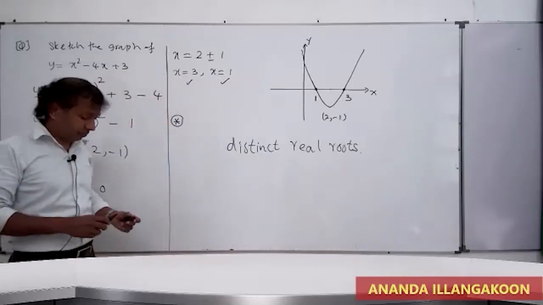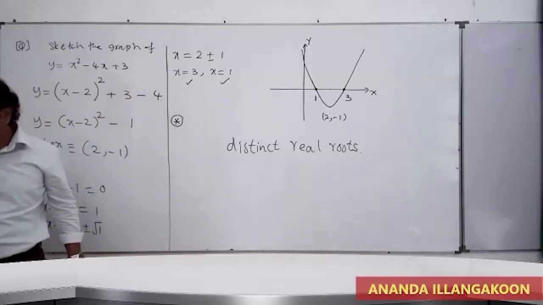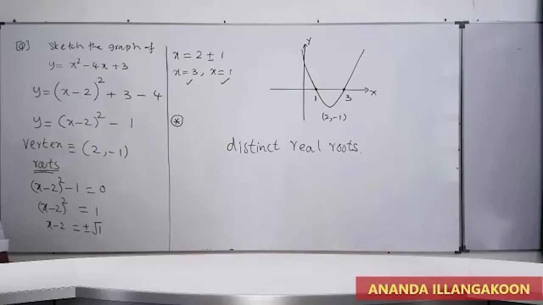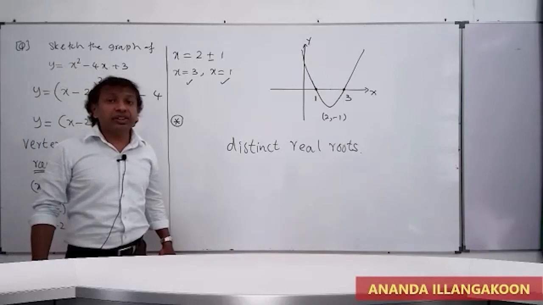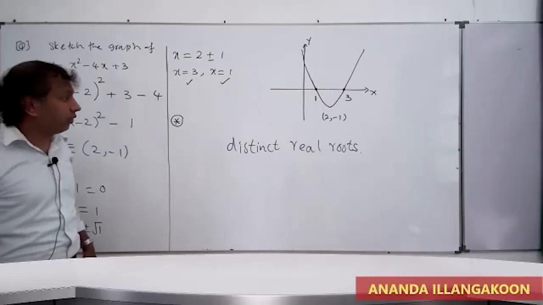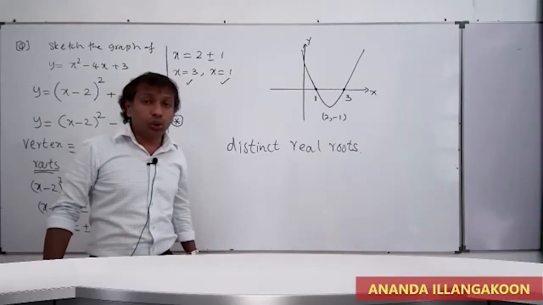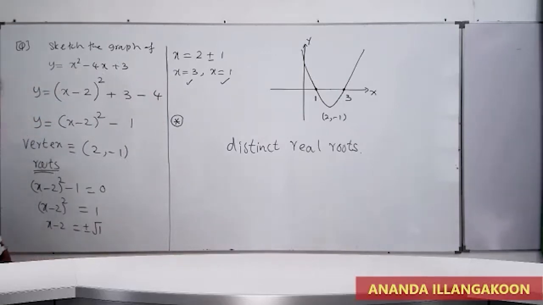Okay, write down: when the graph has two distinct real roots, it cuts the x-axis at two different points.